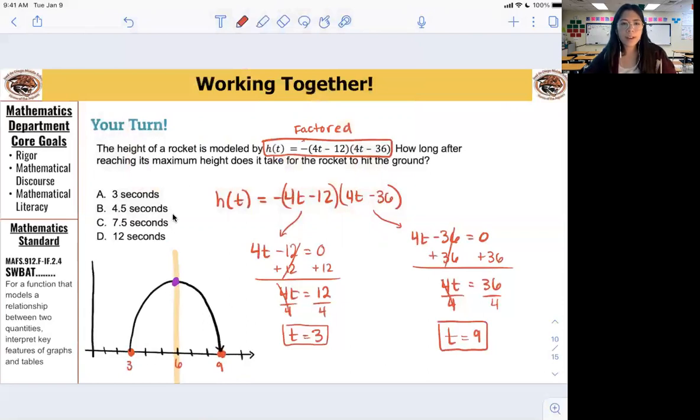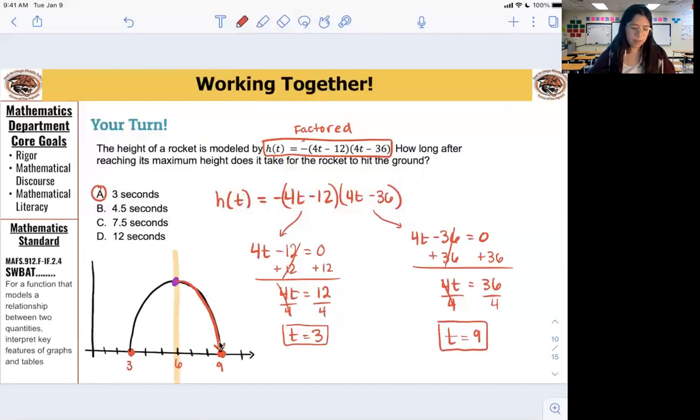So based on that, now we can answer the question: how long after reaching its maximum height does it take for the rocket to hit the ground? 3 seconds. So after reaching its maximum height, that rocket's going to drop for a total of 3 seconds.